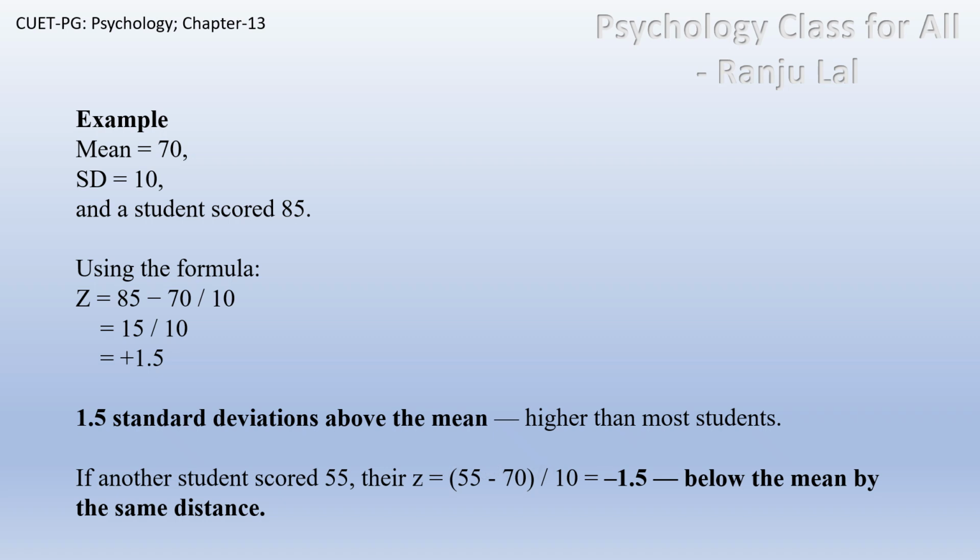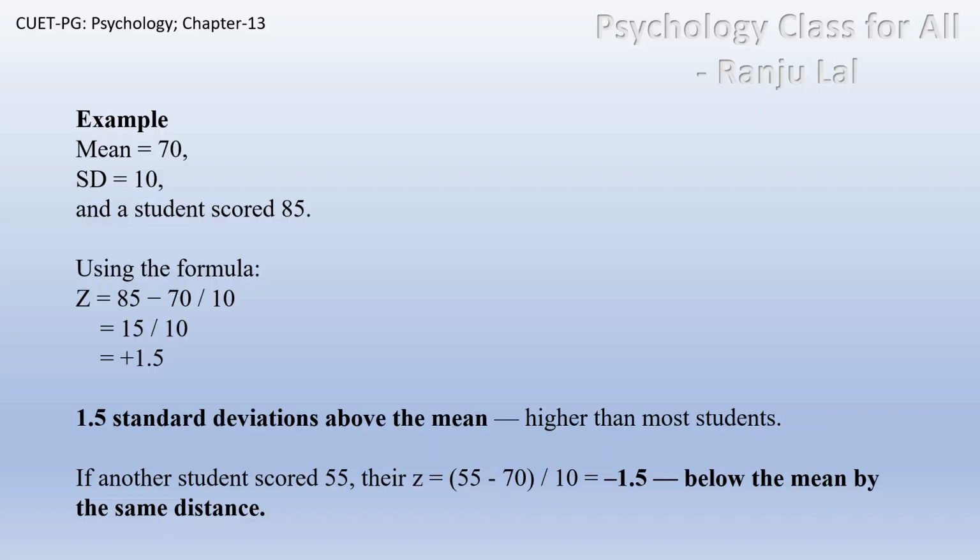Let's learn it with an example. Here we have got mean. This is the assumed data. Mean is 70, standard deviation is 10, and a student scored 85. Using that formula, Z is 85 minus 70 divided by 10, and the result is plus 1.5.